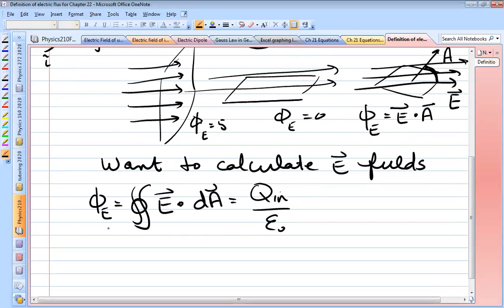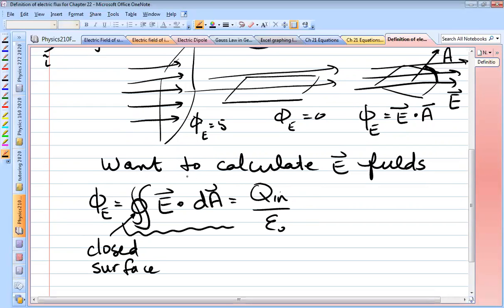I do a whole bunch of examples of how to apply this, but basically this integral can apply to any electric field in any region of space. However, it can be a very messy integral. And what this circle means is closed surface. So you have to have a box or a sphere or a balloon or some kind of closed surface, and Q in is the charge inside that surface.